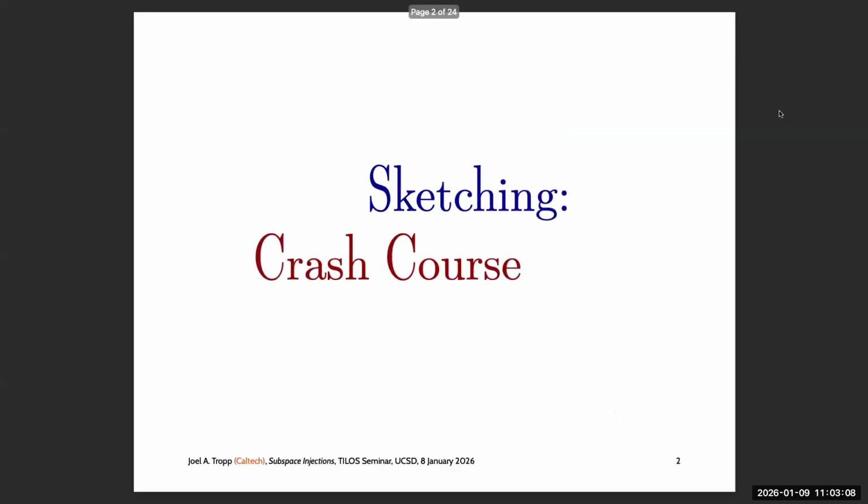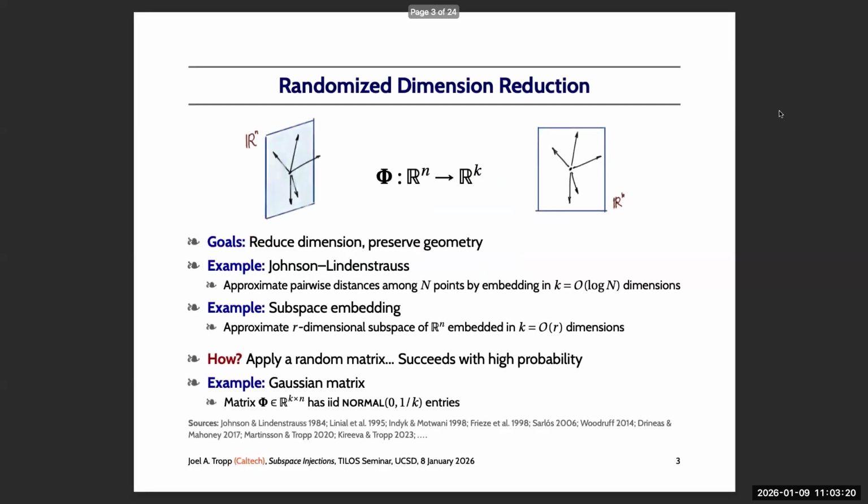To begin, let's talk about sketching. I'm going to give you a reminder about what sketching is. It's shorthand for randomized linear dimension reduction in this context, and it's one of the core tools in computational linear algebra and some types of computer algorithms now. So what is dimension reduction? We've got some data, some vectors in R^n.